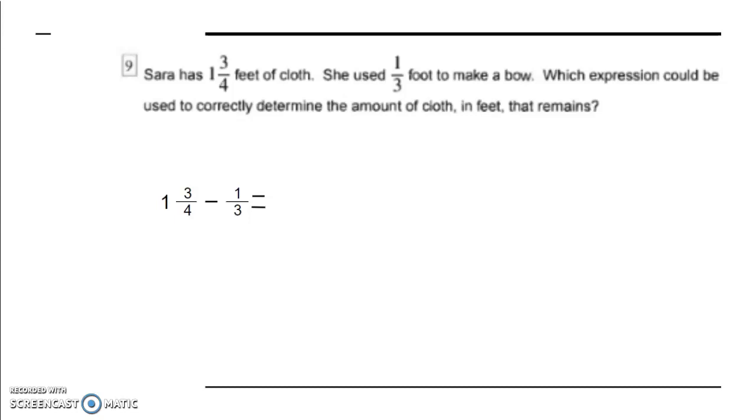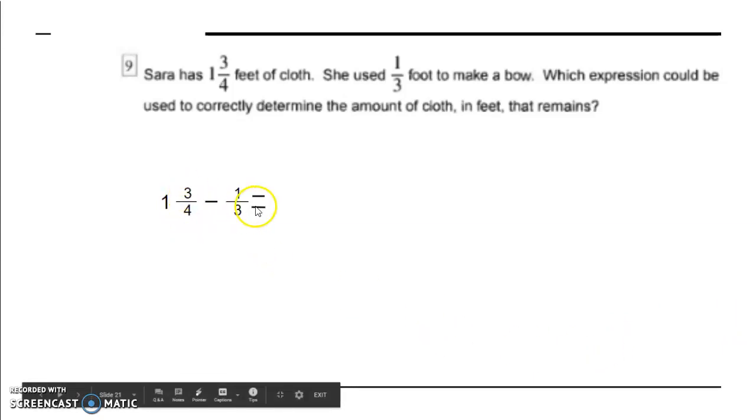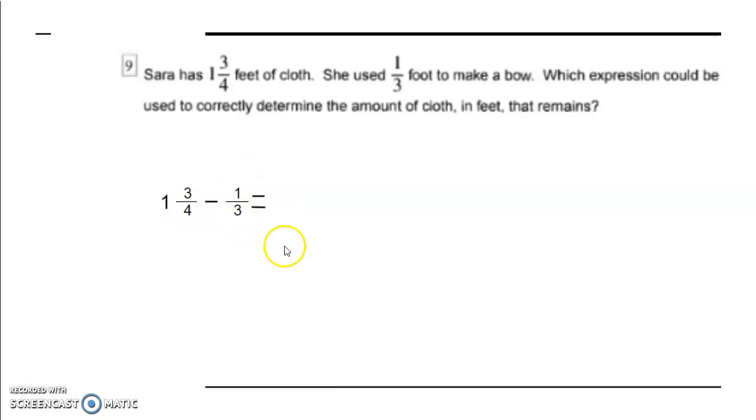So the first thing I'm going to do is make my common denominators, and I can't think of any other number that I could use besides 12 as my denominator. So it'll be 4 times 3, and then 3 times 3 for this first fraction, and then 3 times 4, and then 1 times 4 for the second fraction, which is going to give me 9/12 minus 4/12.